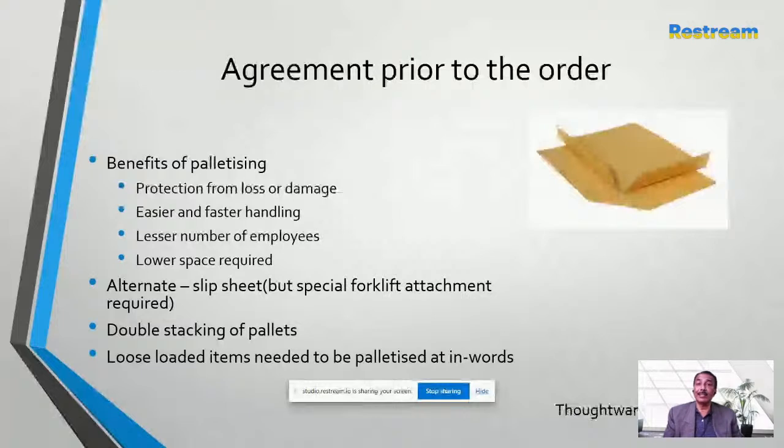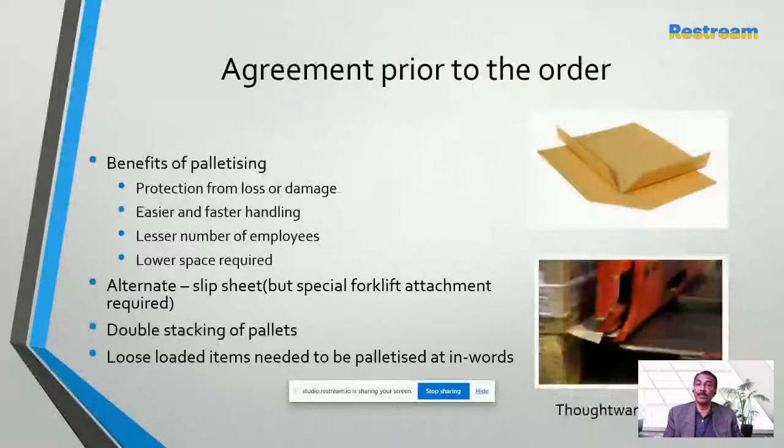But in any case, if you are handling a slip sheet, you need a special attachment to the forklift, and then you can drastically reduce the cost of pallets. On the other hand, you should also ensure that there is clear packing, and the packaging should protect from any potential damage.